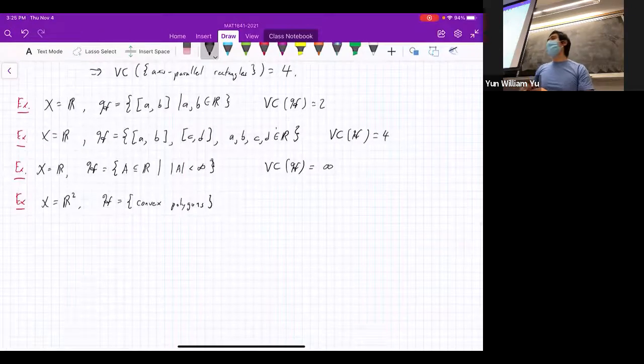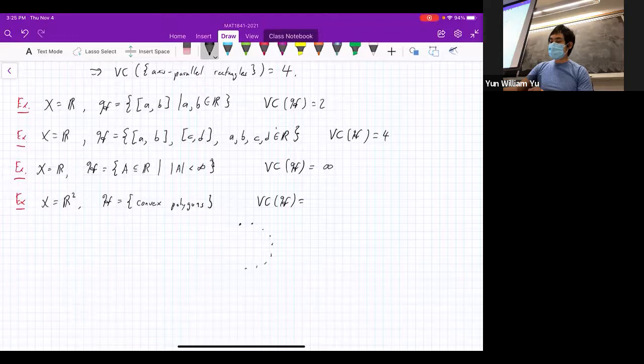So if I have convex polygons, how big of a set can I break up into all of its subsets? I'll give you a hint: I'm going to arrange all my points in a big circle.